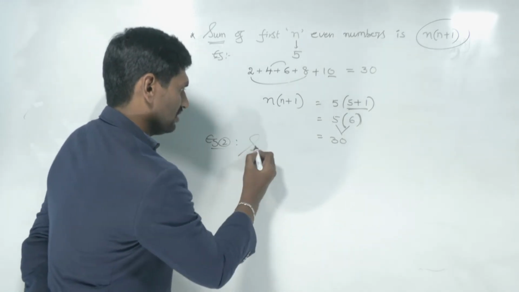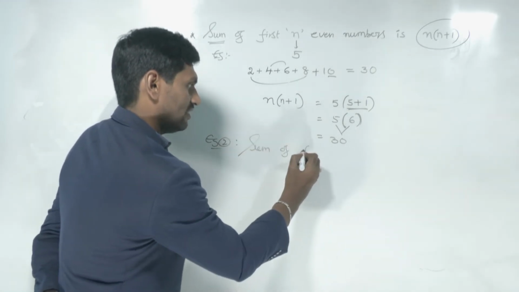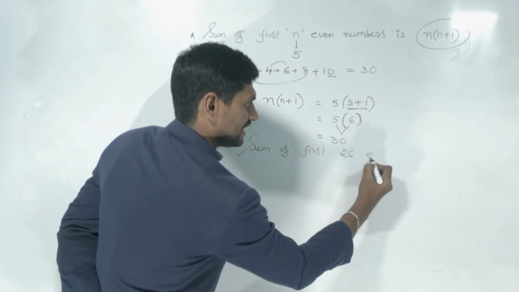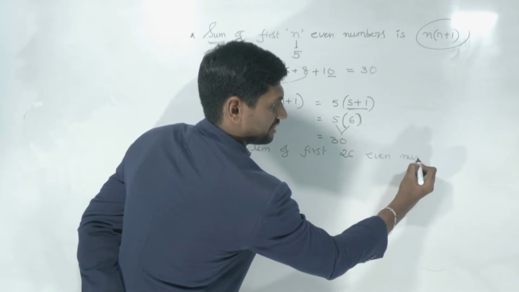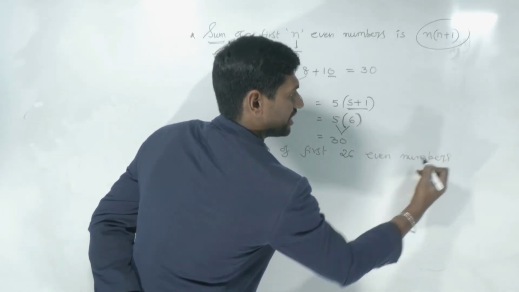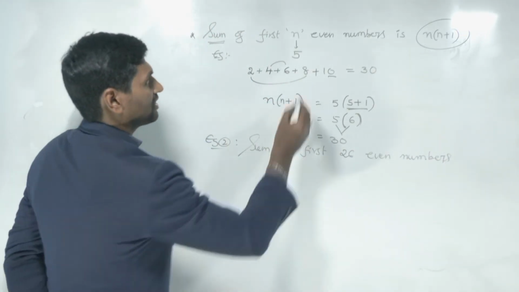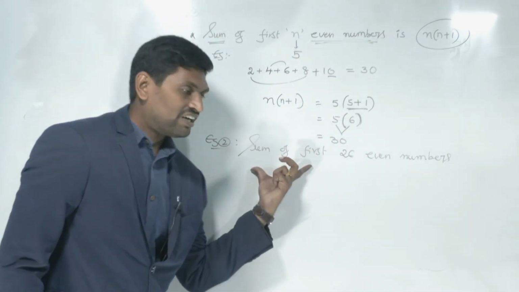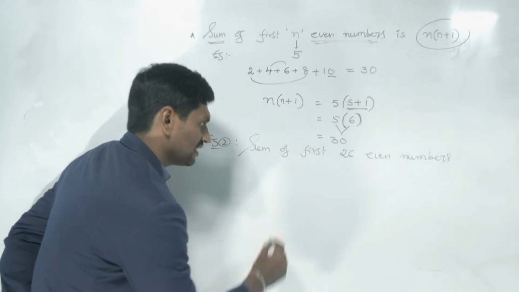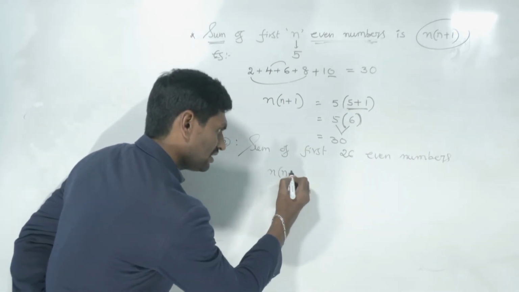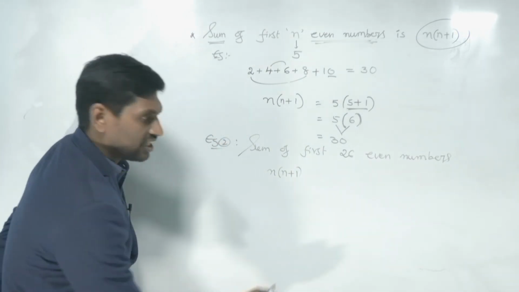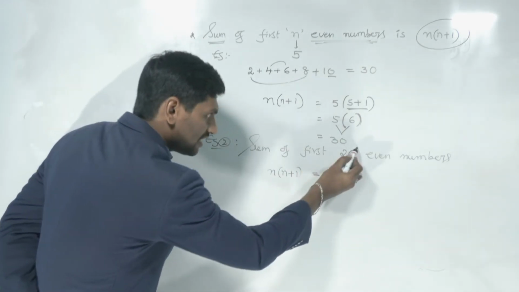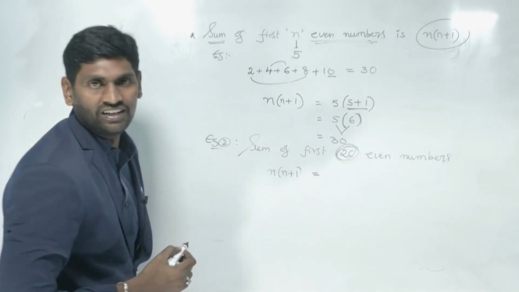Okay, now example 2. Same question: sum of the first 26 even numbers. This formula is only for even numbers. How many even numbers? 26. Apply the formula. In the place of n, we should write 26.